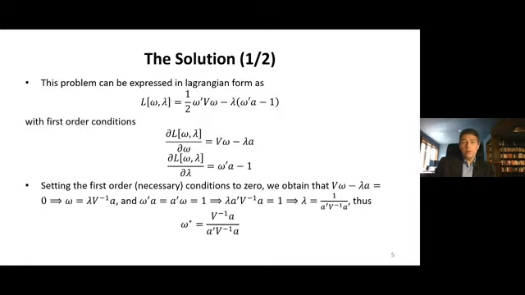One way to solve this problem in the case of equality constraints is to apply a Lagrangian, and as you can see here, we solve for first order conditions, and what we get is this traditional solution. What I want you to pay attention to in this slide is not this derivation. This derivation will change depending on whether we are solving inequality constraints or if we apply Karush-Kuhn-Tucker, for instance, for inequality constraints.